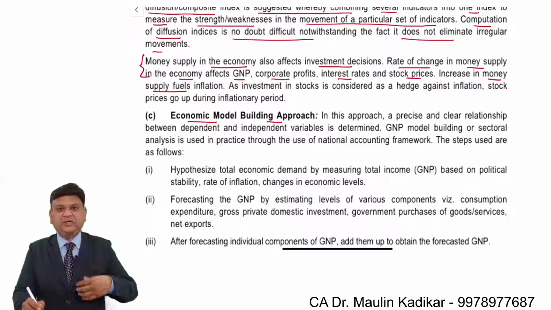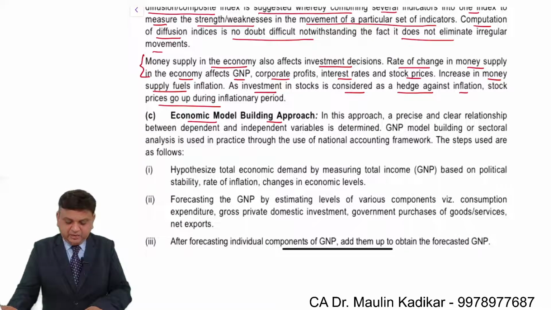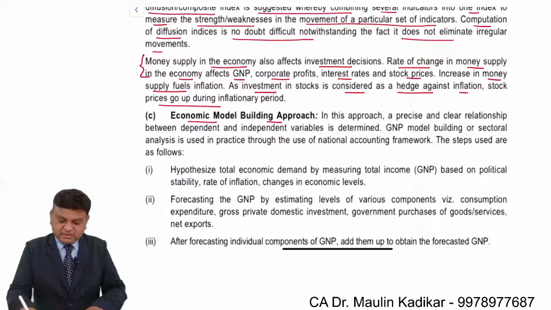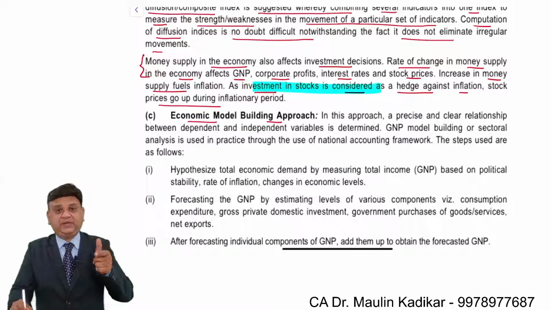So with the number of bail-in packages which are introduced, as investment in the stock is considered a hedge against inflation, stock prices go up during the inflationary period. Friends, over here they mention that when you make an investment in the stock market, you will be getting a return over a long period of time, which is going to cover up the inflation.